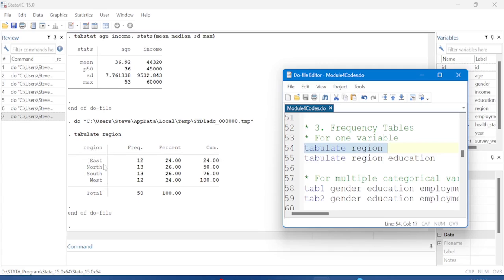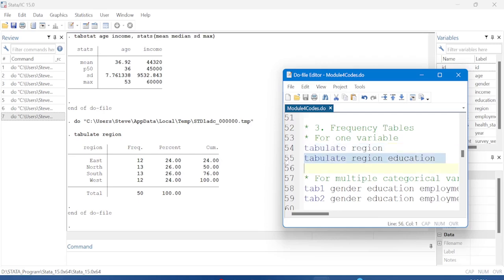We have 4 regions: east, north, south, and west. And realize that east and north have equal distribution, as well as north and south have equal distribution. And this 12 represents 24% of the total respondents, while 13 represents 26%.